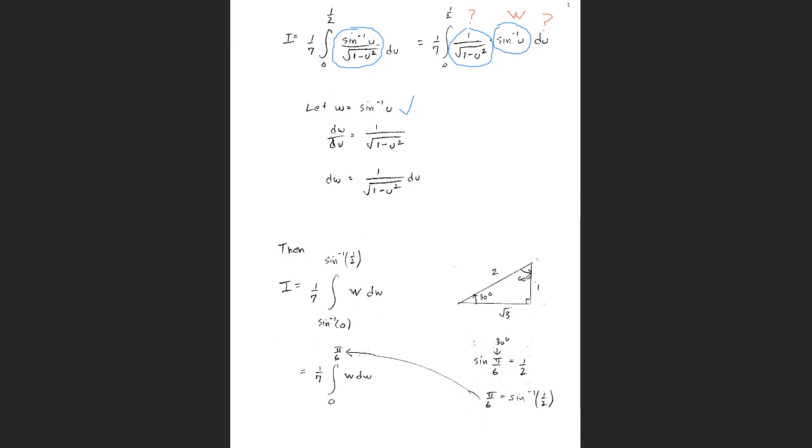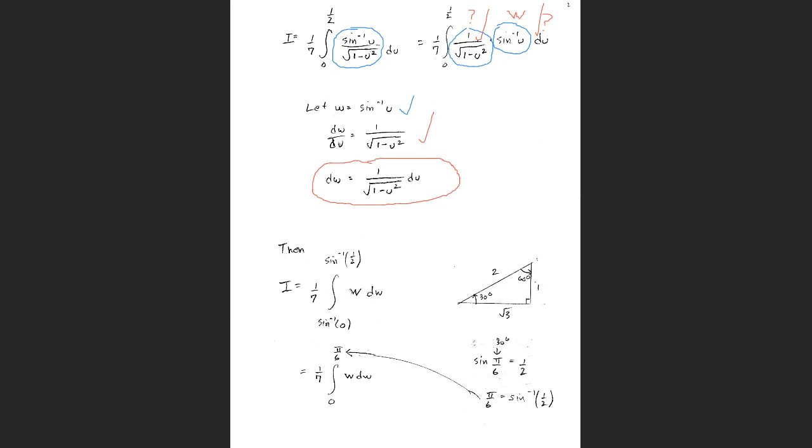Well, how many remember that the derivative of the arc sine is 1 over the square root of 1 minus u squared? How many remember that from their calculus days? Okay, Jacob does. Excellent. So that means dw is equal to 1 over the square root of 1 minus u squared du. And so now I've accounted for the rest of the integral here.